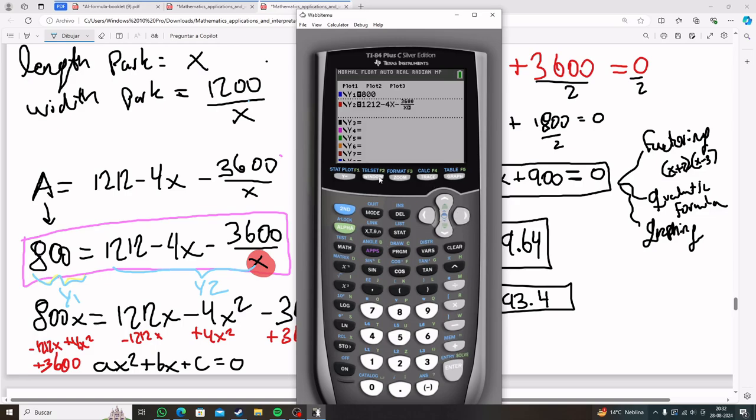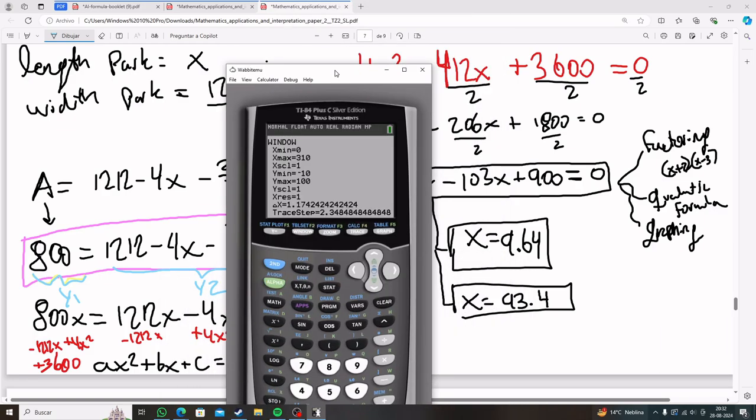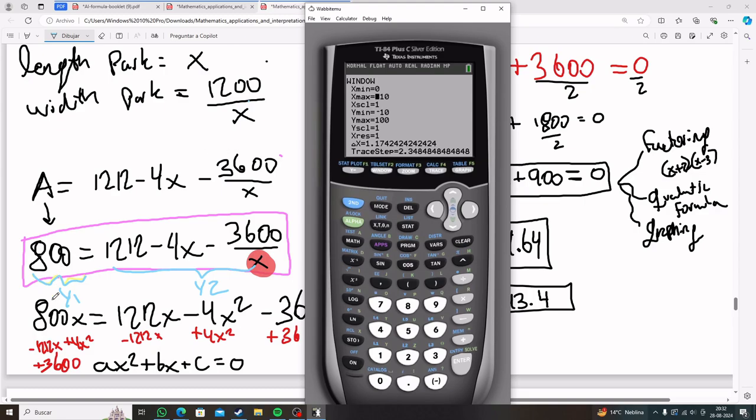If you go ahead and graph this, I can change the window immediately because I sort of know the answer already. I know that x ends up being those values here. I know that one of my y's is 800, so I'm going to put a y max of 900. If you go ahead and graph from here, you're going to get two intersects.